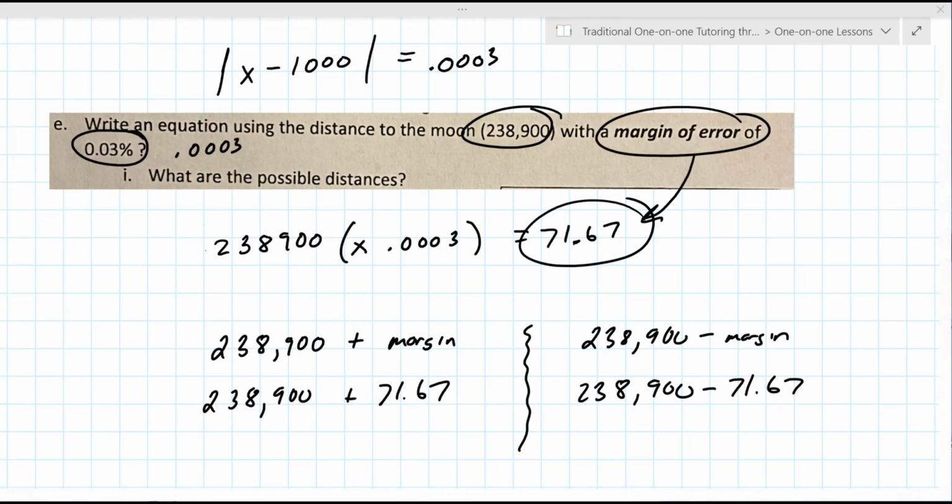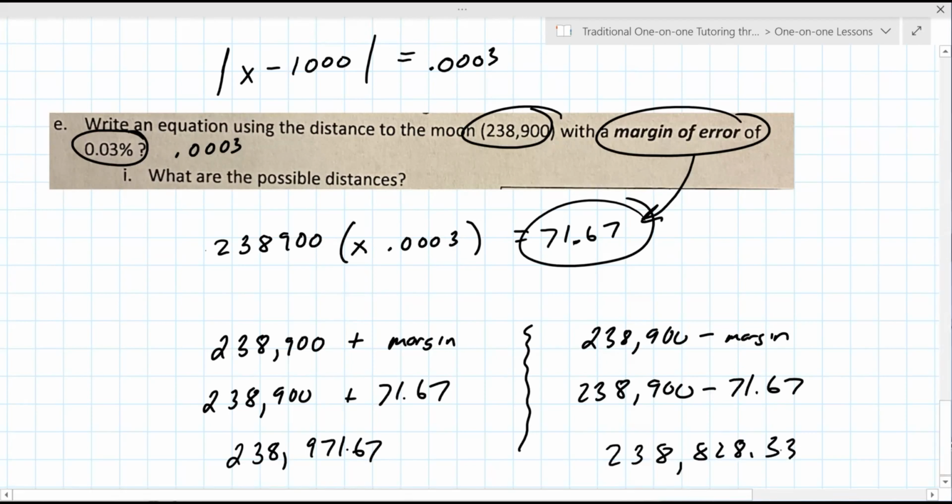I'm also going to do it on my side. So this is 238,971.67. And the other one is 238,828.33. Okay. All right.